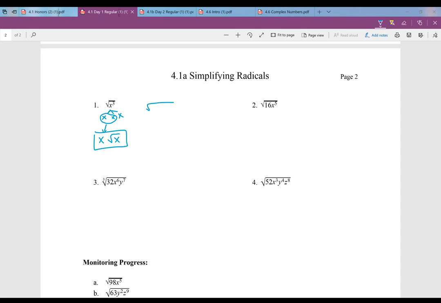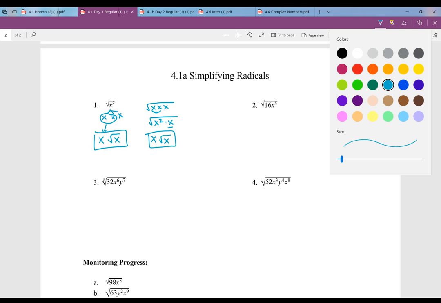You could also think of it as the square root of x times x times x, and then the square root of x squared times x, right? Because 2 x's would be x squared. And then the square will cancel out with the square root, and that last x will still be under the root. So that's our answer for number 1.